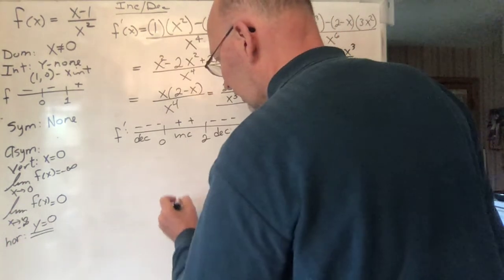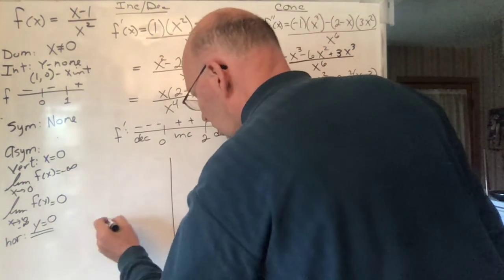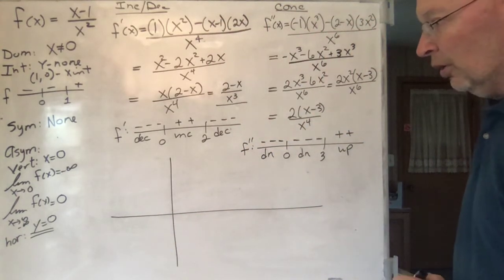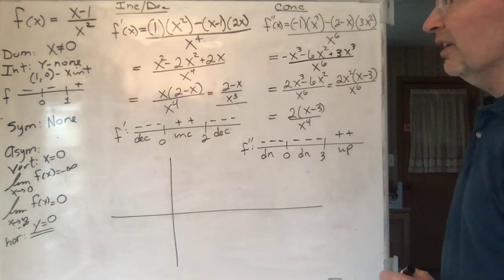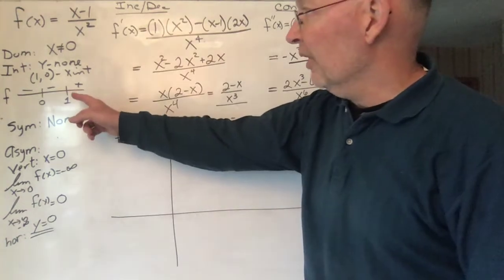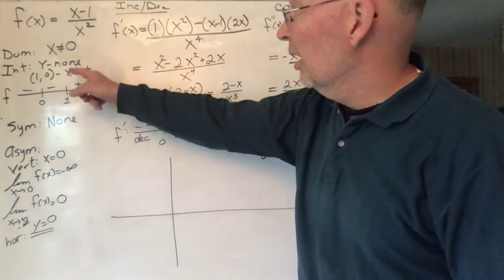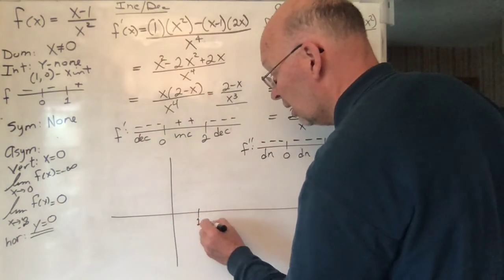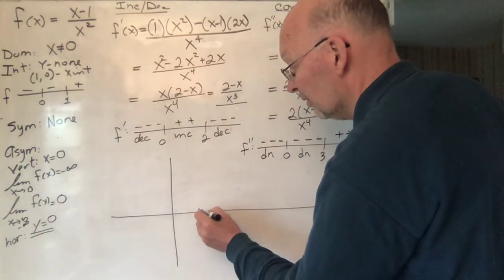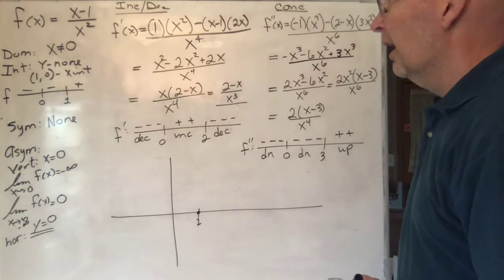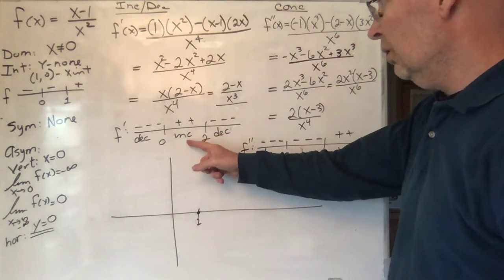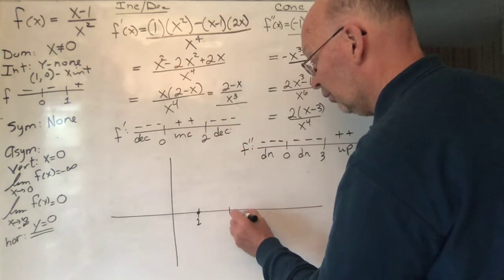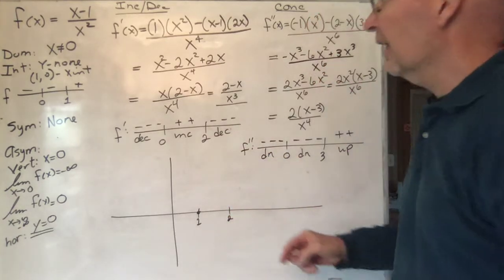So let's see what it looks like. Plenty of room here. So let's see. I always like to put the important points on first. First of all, notice that 1, 0 is an intercept, and at 2, the derivative changes. It goes from positive to negative.